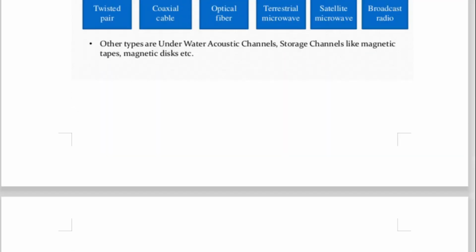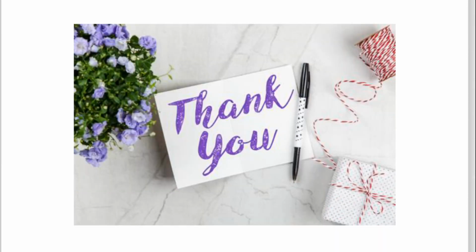In this way, I will conclude that today we have completed the topic called time division multiplexing and frequency division multiplexing. A very important thing is, in time division multiplexing, a small bandwidth of 4 kilohertz is shared by 4, 8, 16 or 32 subscribers.